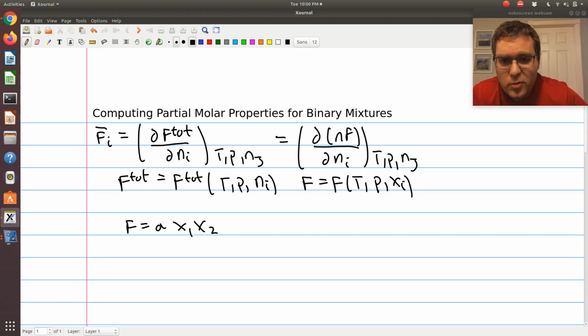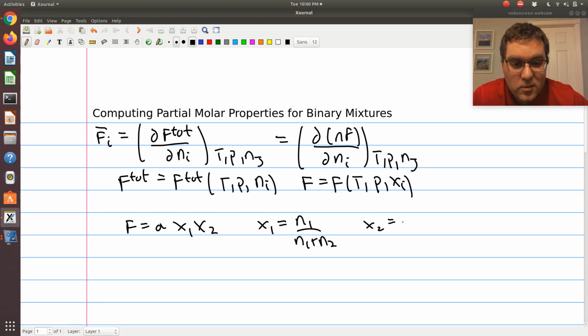Now the challenge with these equations, based on our definition of partial molar properties, is that if I want to calculate the partial molar f of component i from this definition, and we had a binary mixture so that f was equal to a times x1 x2, I would have to plug in the definition that x1 is equal to n1 divided by n1 plus n2, the total moles in our system.